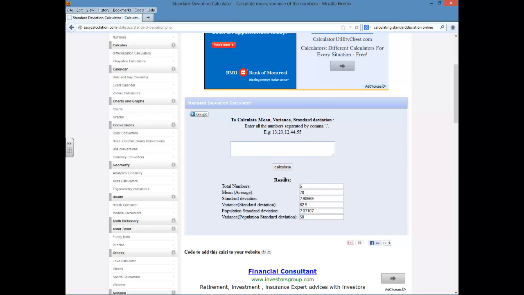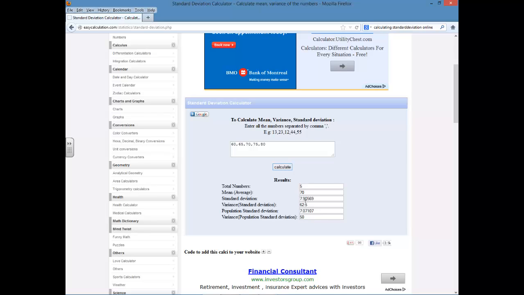And here's some previous results that were there. What I'm asked to do is just enter in my scores that I have. So scores were 60, 65, 70, 75, and 80. And noting that I have to keep them separated by a comma, I hit calculate.